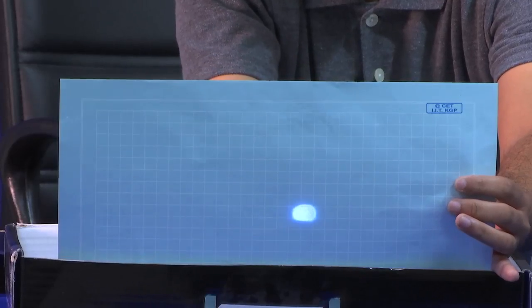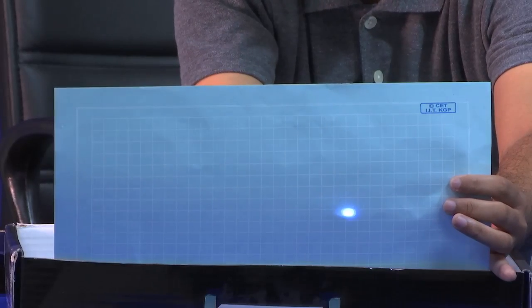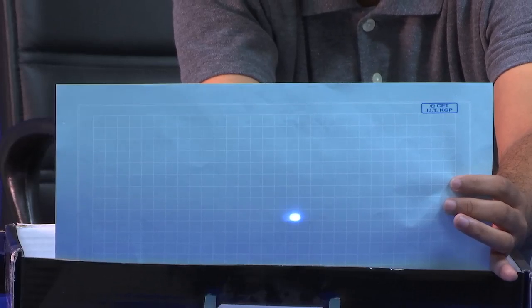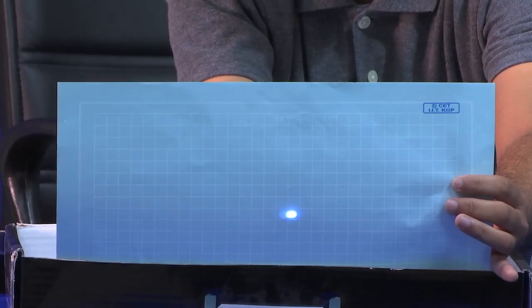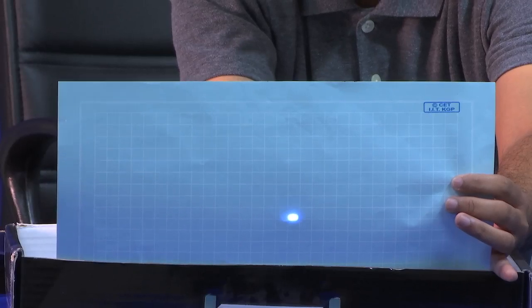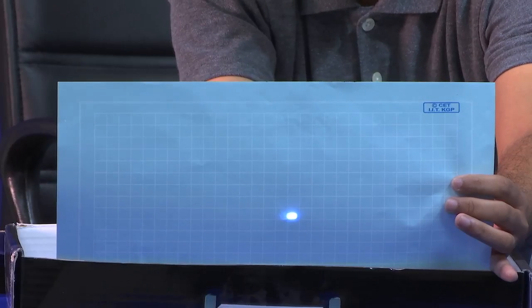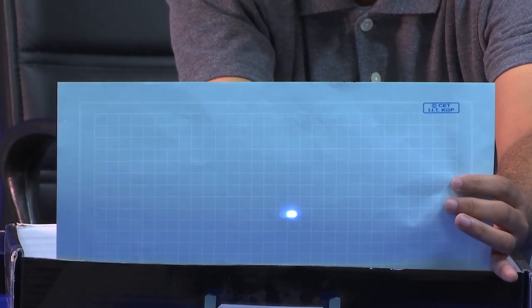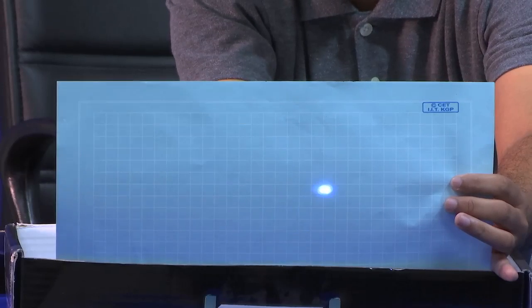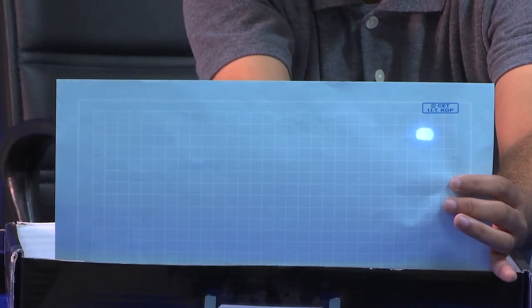Now, what will happen if I apply simultaneously a positive voltage between the horizontal plates and a positive voltage between the vertical plates, then this beam will move like this and will come here.